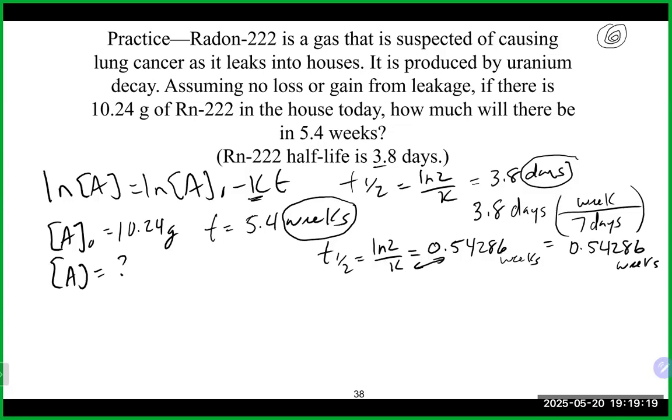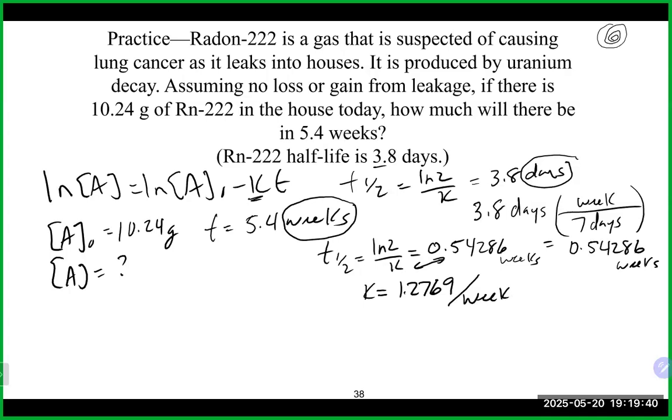So we're going to take the natural log of 2 divided by my 0.5426 number. And that's going to give me a decay constant of 1.2769. These are going to be reciprocal weeks, or 1 over weeks, as the units.